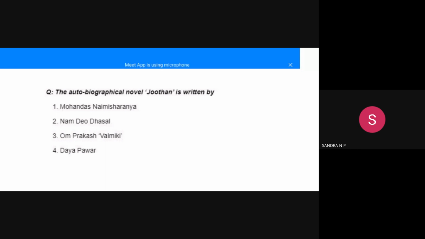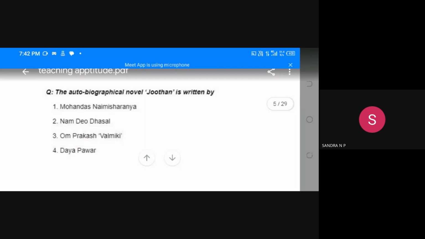So, Joothan is written by Om Prakash Valmiki. This is also not related to teaching aptitude, but they are including it in this.